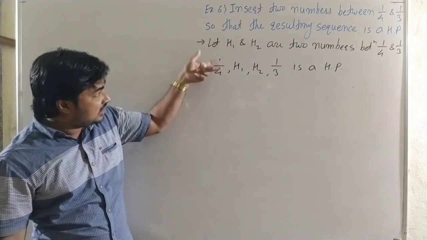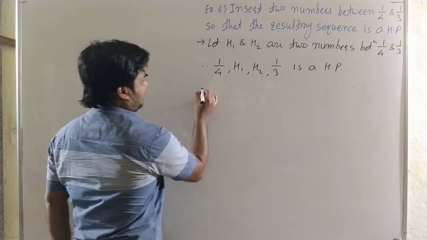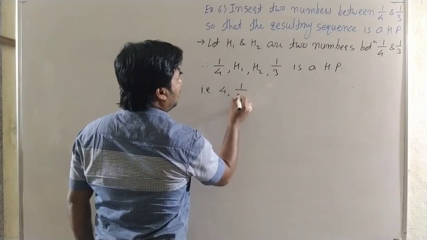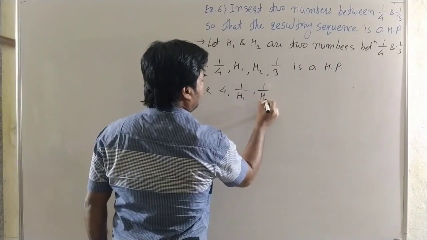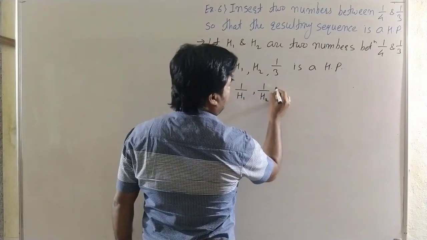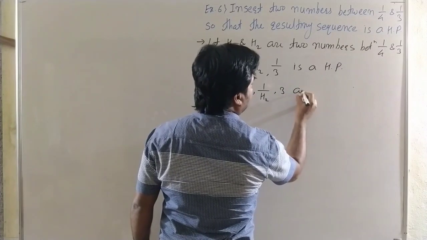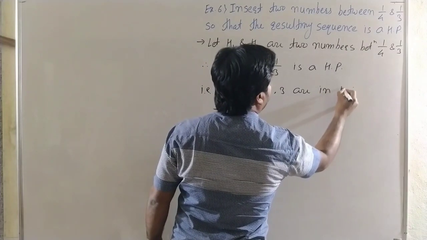That means the reciprocals of these numbers are in an arithmetic progression. That is, 4, 1 by h1, 1 by h2 and 3 are in arithmetic progression.